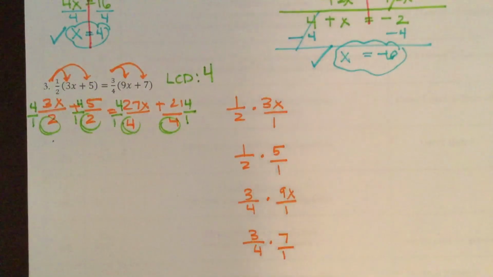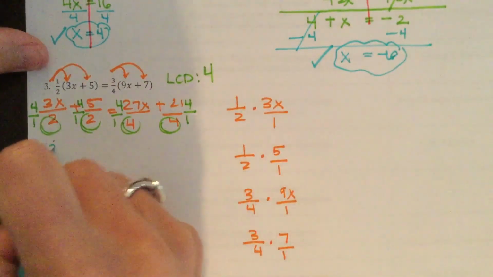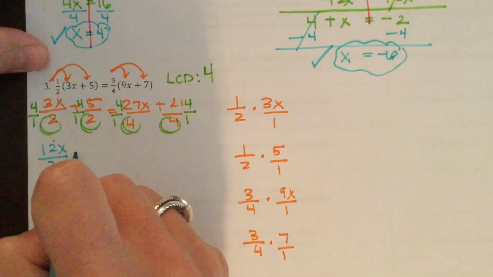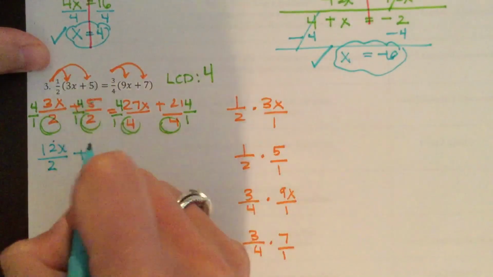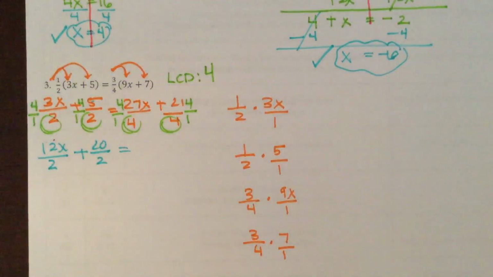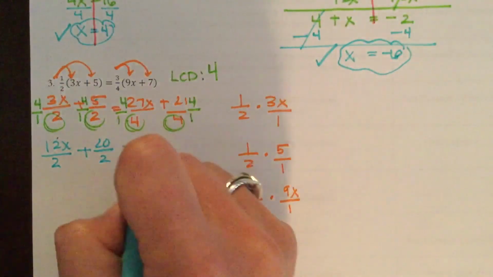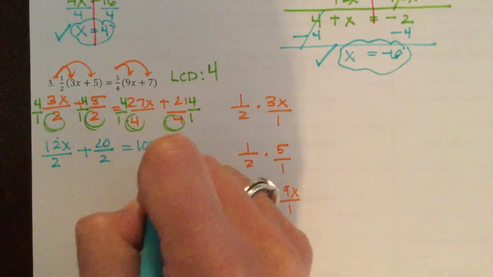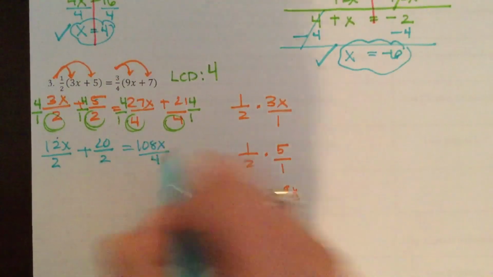Okay. Going through and multiplying numerators and denominators, 4 times 3x is 12x, and 1 times 2 is 2. 4 times 5 is 20, 1 times 2 is 2. 4 times 27 gives us 108x, and on the bottom 1 times 4 is 4.